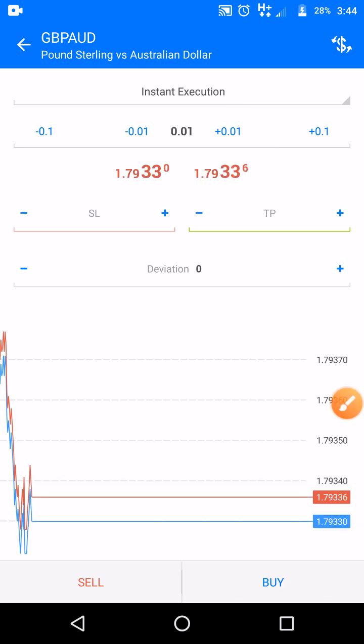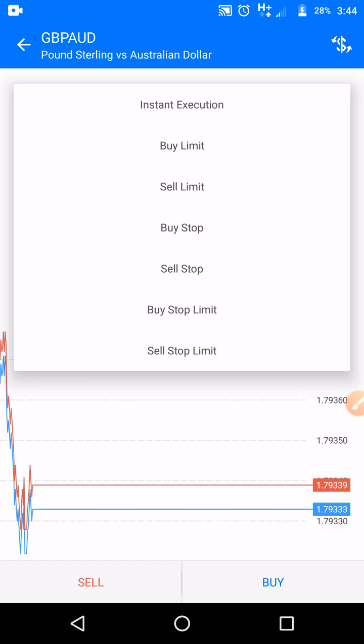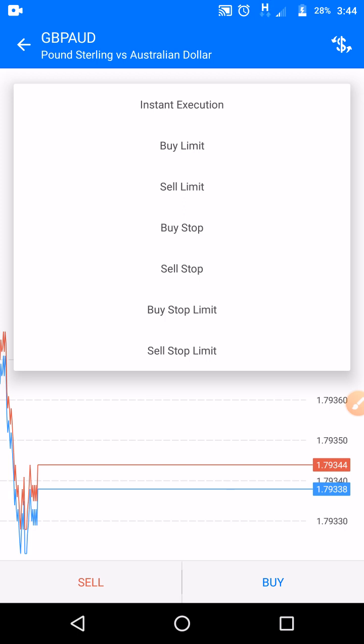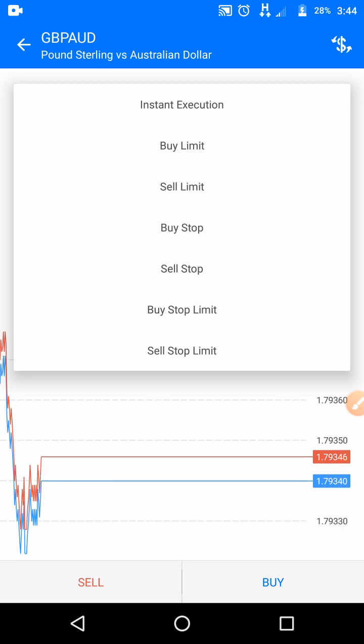Okay, that's what it means by instant execution. But when you click there, you can see that we have buy limit, sell limit. You can see buy stop, sell stop. You can see buy stop limit, sell stop limit. I will explain each and every one step by step so that you don't get confused.